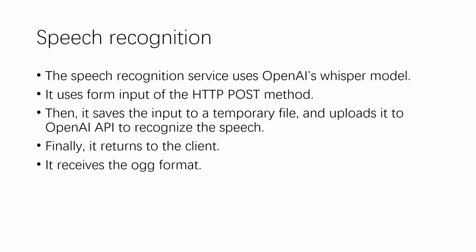Then it saves the input into a temporary file and uploads it to the OpenAI API to recognize the speech and convert it to a transcription of text. Finally, it returns the recognized text to the client. It receives the OGG format because the browser uses it as a normal format for recording.